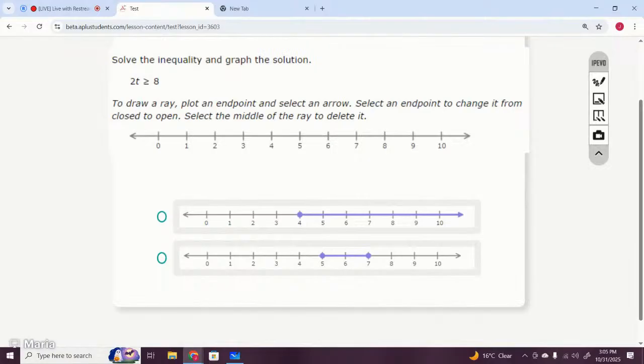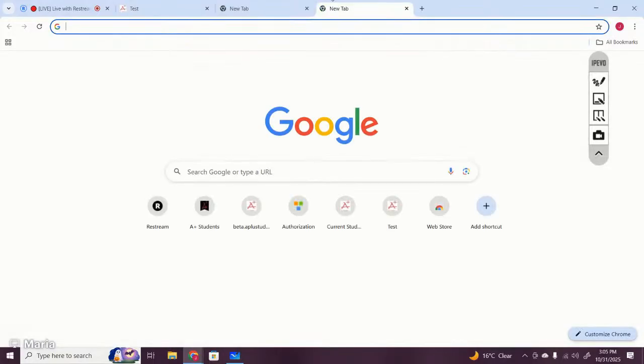So there is a closed circle at 4 and the graph is pointing on the right hand side because all the numbers that are greater than 4 are solutions.